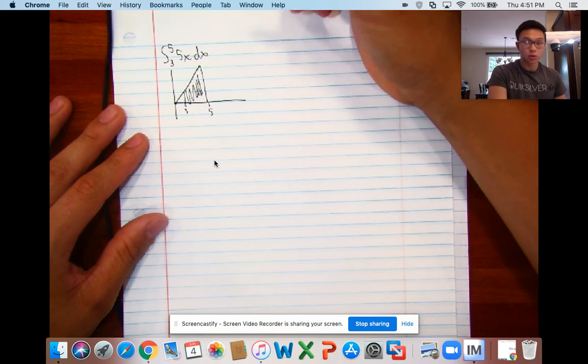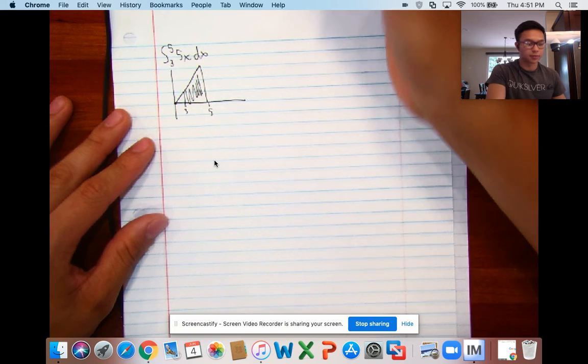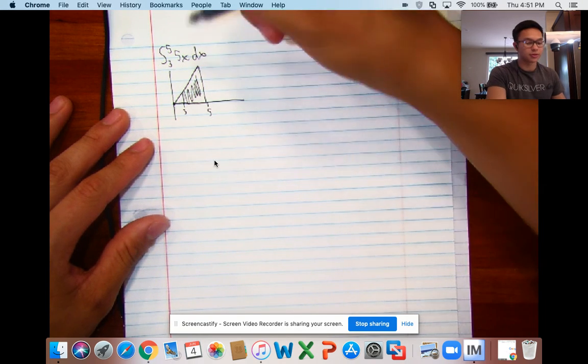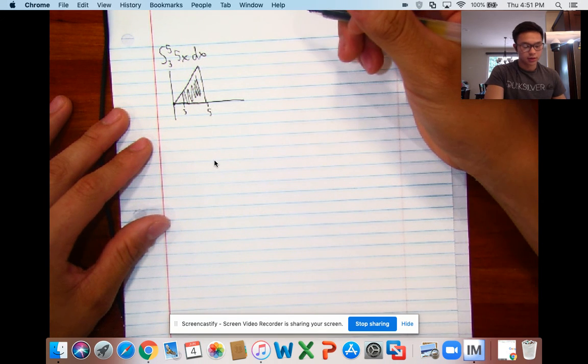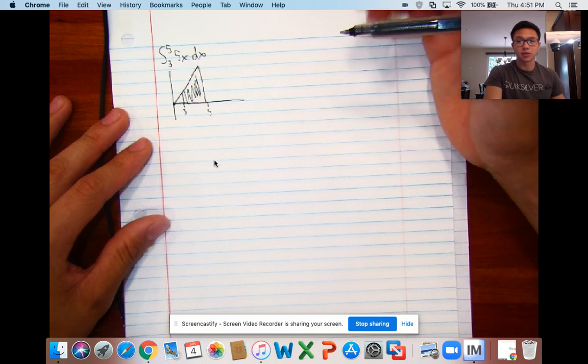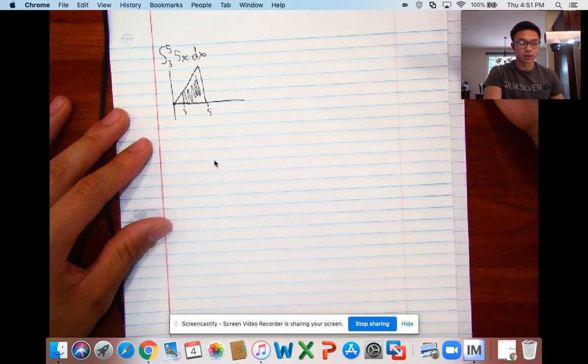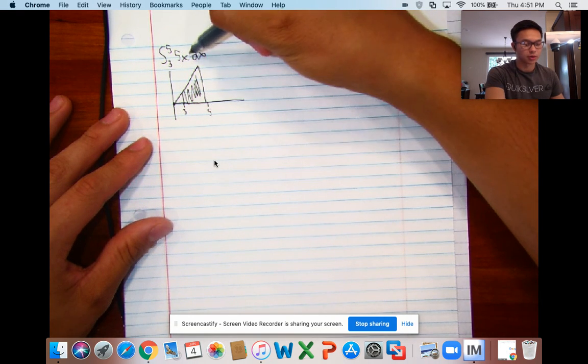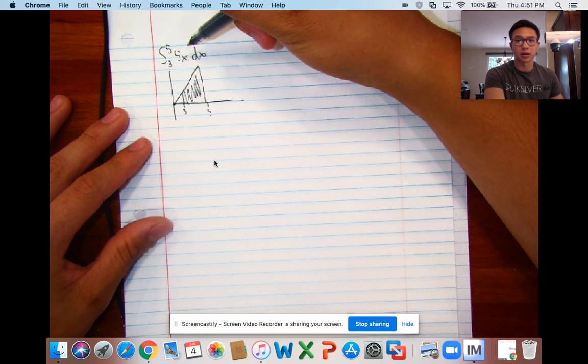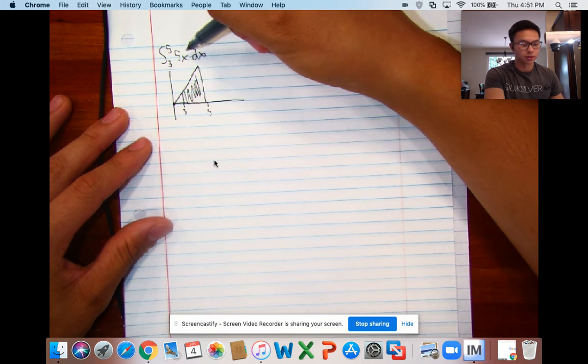The way we do this is that first of all, we have to find the antiderivative of the equation in here, which is 5x. With this, you're going to be doing the opposite of what you do for finding the derivative. So you're going to be bringing x to the next power.